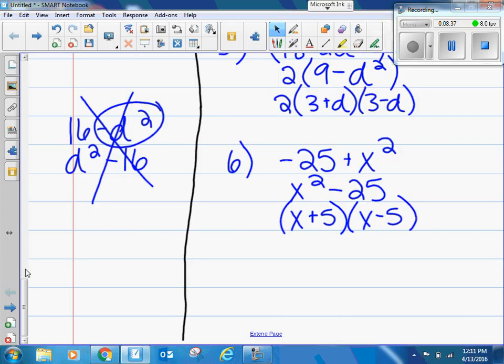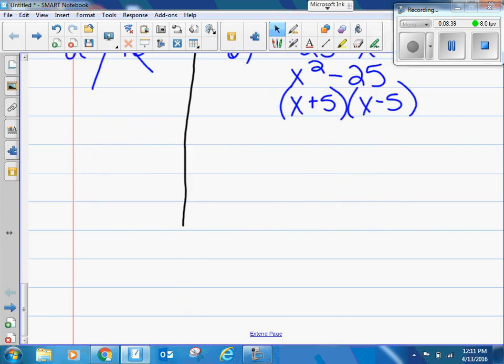All right, I want to show you one more example. I'm trying to get organized over here. Okay, so let's say I have, who knows what number I'm on? 7. 4t to the third minus 144t.